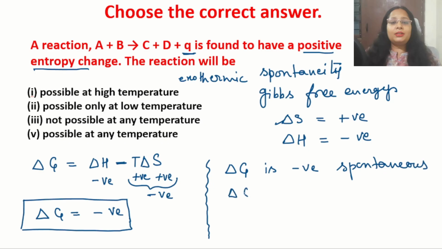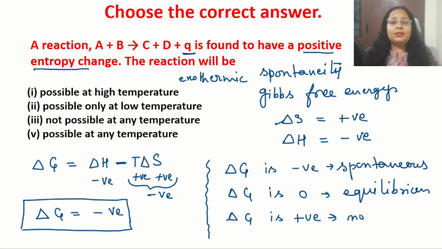If delta G is 0, it means the reaction is in equilibrium. And if delta G is positive, in that case the reaction is not possible, or we can say it is non-spontaneous. So we have 3 cases.